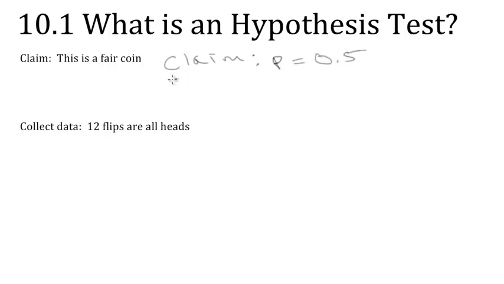Now the complement of the claim is that p is not equal to 0.5. Don't need that just yet. What we need is the null hypothesis. The null hypothesis is going to be p is equal to 0.5. On the assumption that it's a truly fair coin, this should be true. We are going to assume this is true.